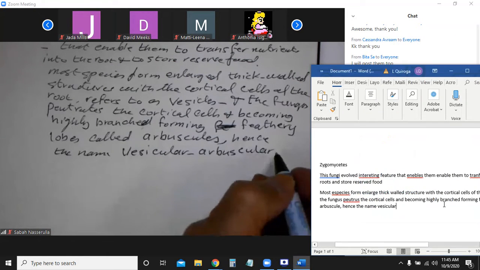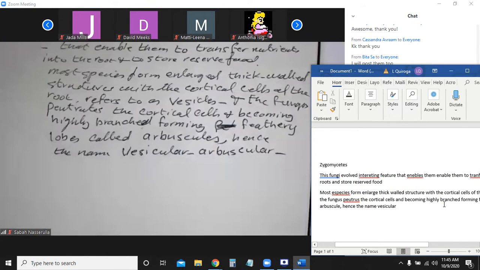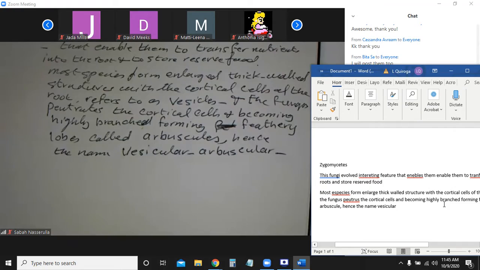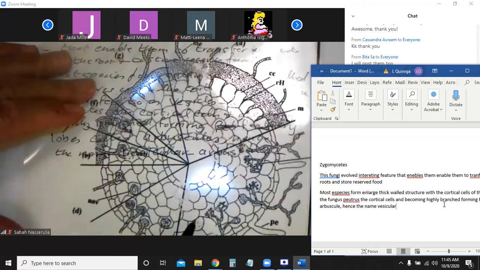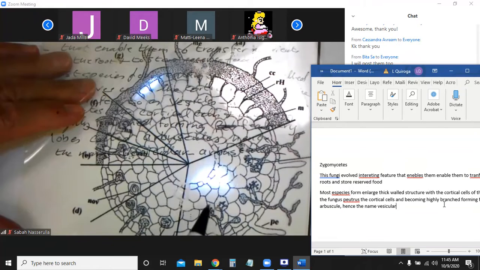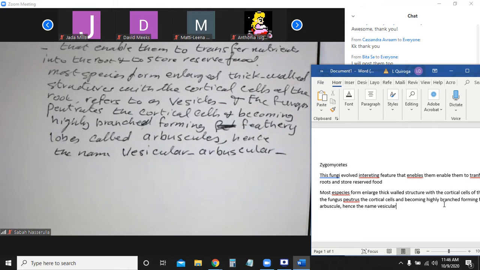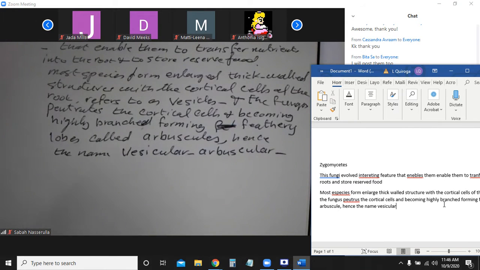Now, one thing I am going to mention here is that there is a difference between the cells in which there is no fungus and the cells which have the fungus in them. All the cells are the same, but there is one difference in the storing of starch.